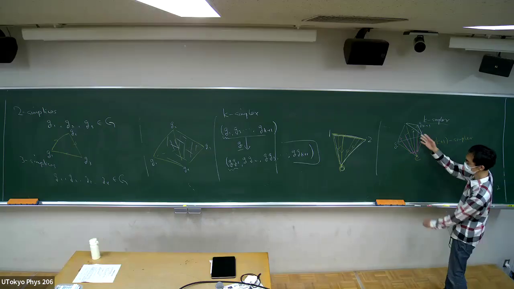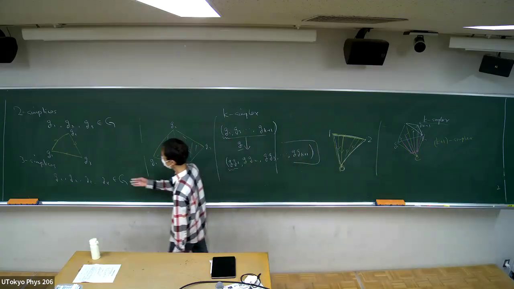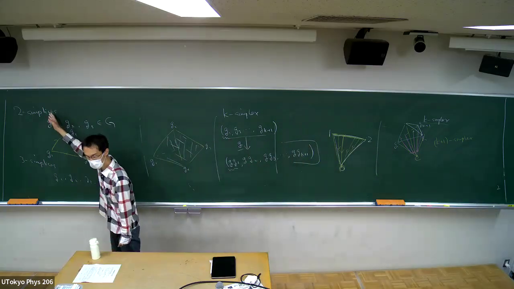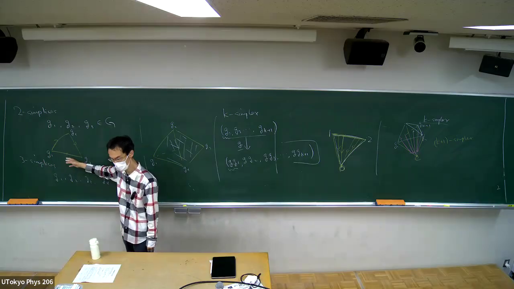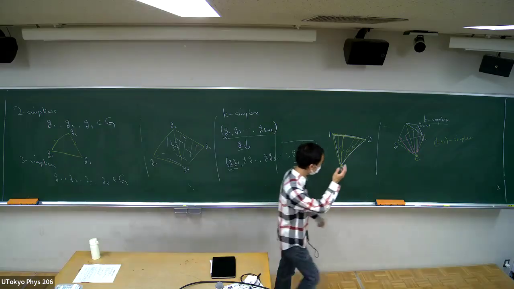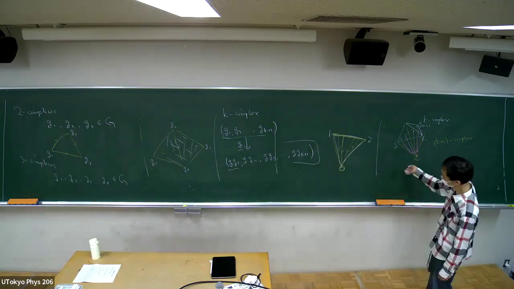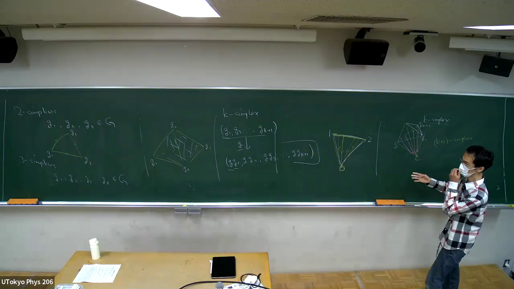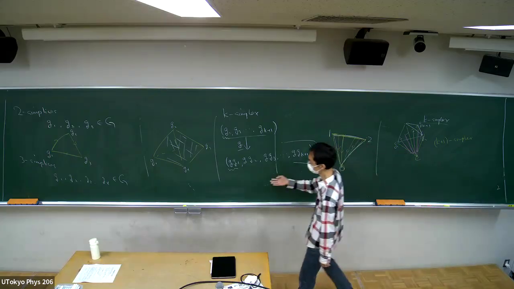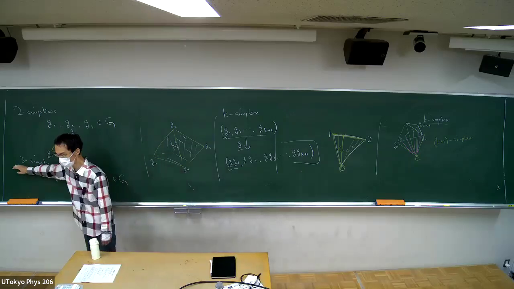So in this construction, it's very important that for any K simplex, we had a K plus 1 simplex with one higher dimension. So in order to guarantee the contractibility for arbitrary finite group G, it is necessary to have simplices with arbitrarily high dimensions.